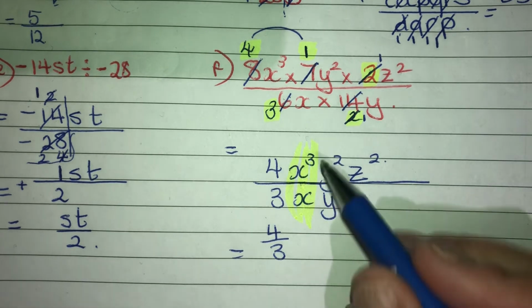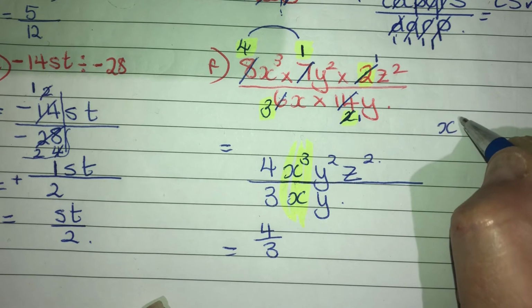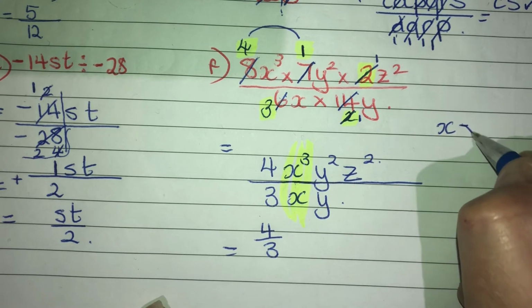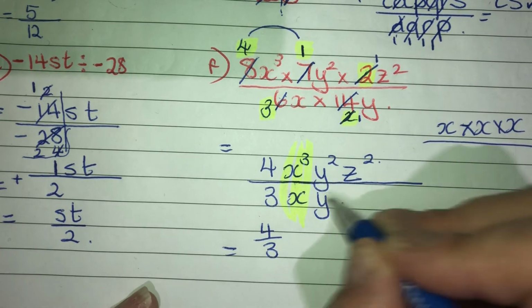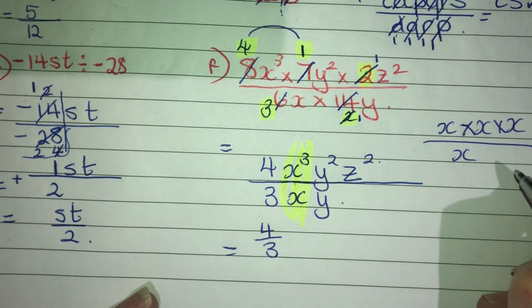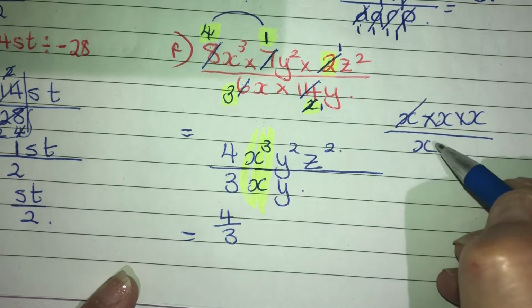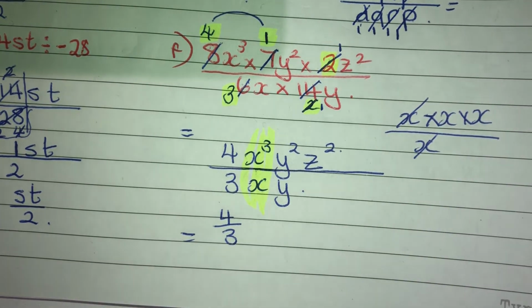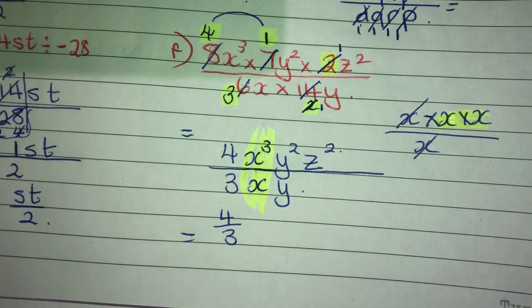Quite tricky. All right, so my yellow is x cubed, which is the same as x times x times x over just x. Now see what happens? That is going to cross with that. So you're only left with x squared.